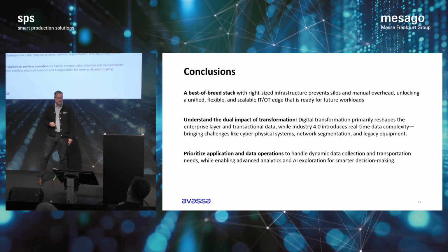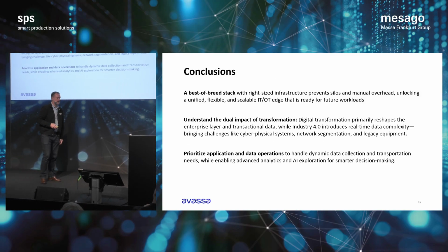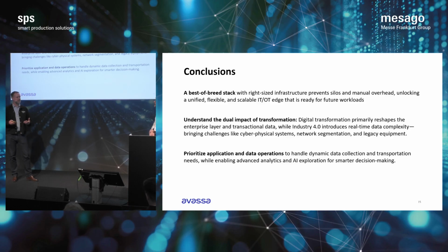So maybe to conclude a little bit, here's what we think you should take into consideration, again, on all levels, to set the playing field, or level the field, for the types of applications that we know current generation production systems need, and certainly data-centric future or soon-to-be AI environments. The first one, and I can't push this enough, is to try and understand the concept of a best-of-breed stack.